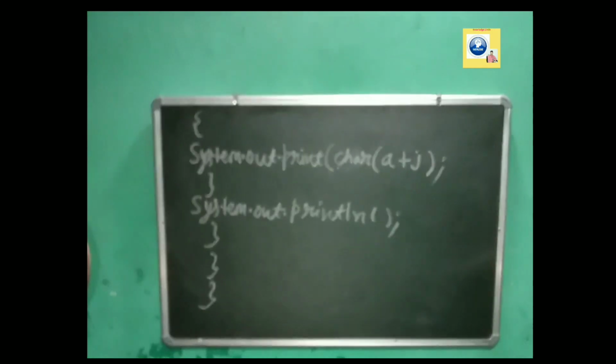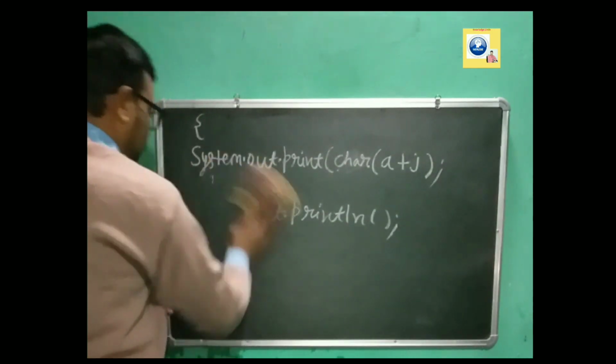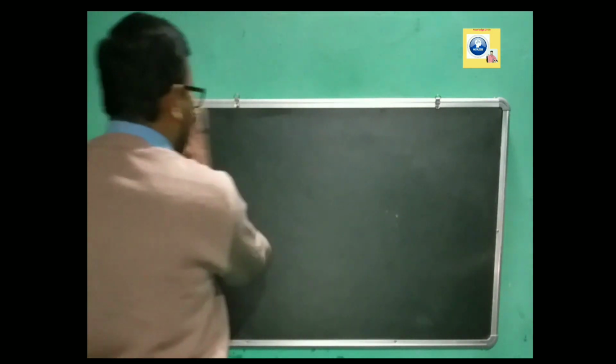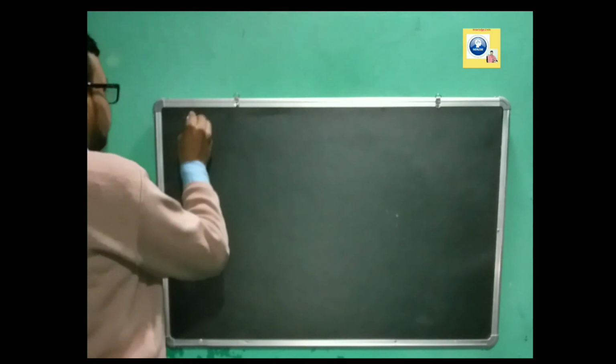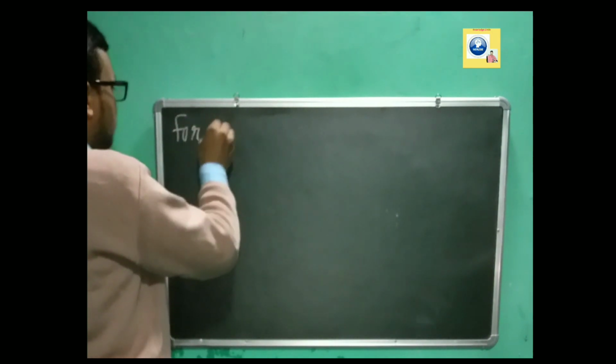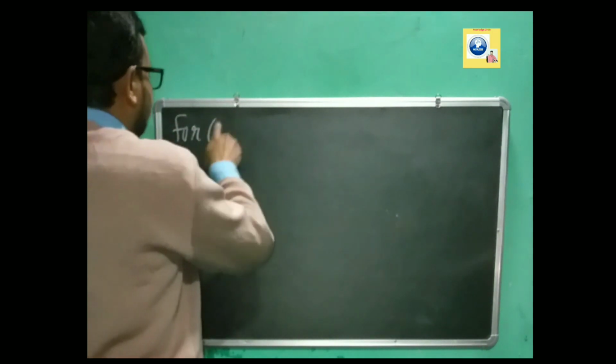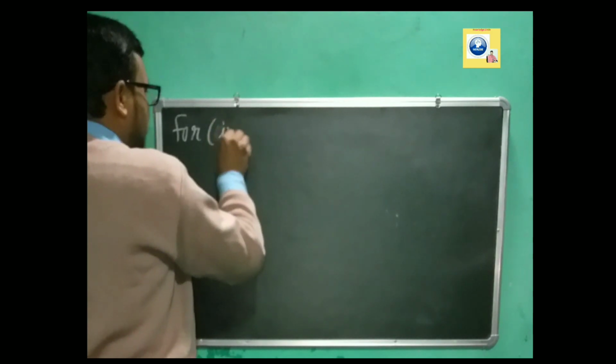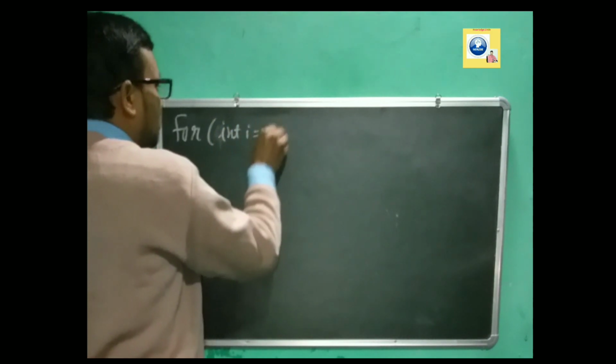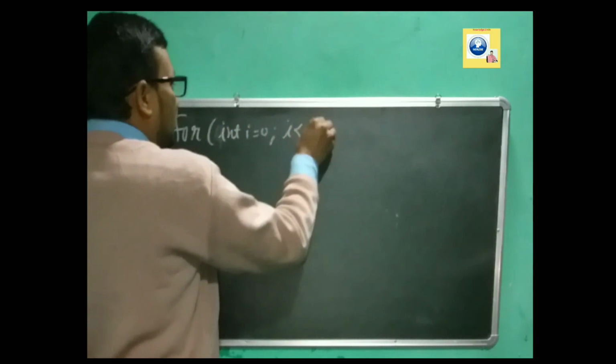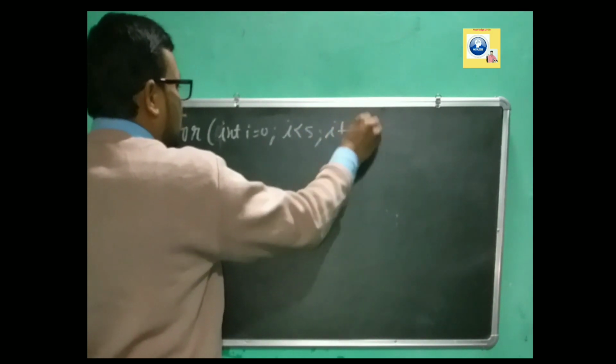For understanding the output, we will see this one. For int i is equal to 0, i should be lesser than 5, i plus plus.